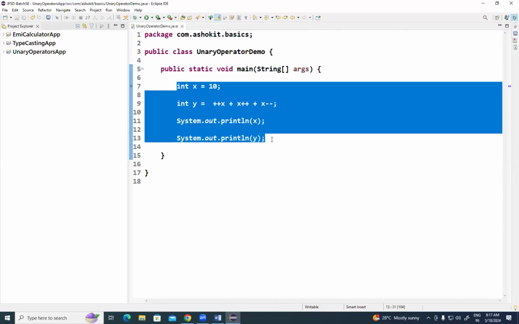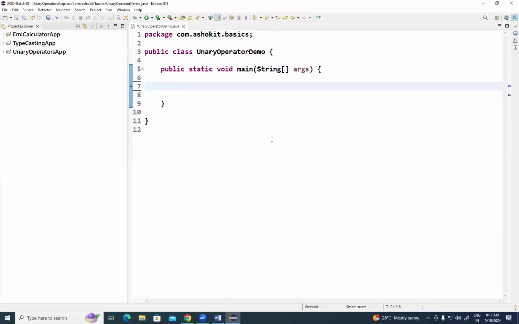Let's find out some other example. See, int a equals, folks, 3 plus 4 multiplied by 9 divided by 2 plus parenthesis 3 minus 5.